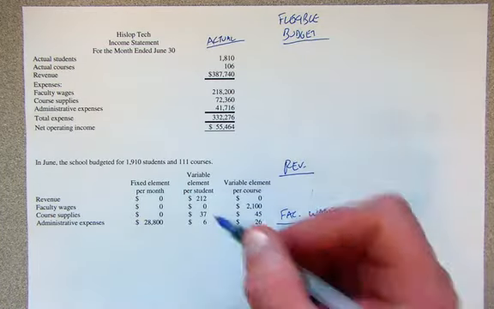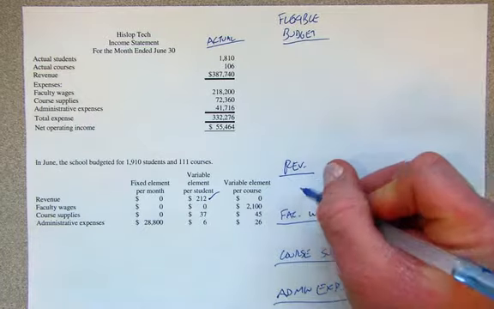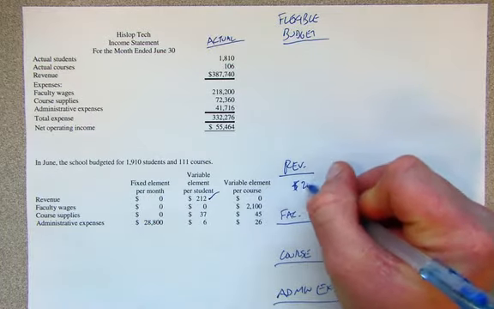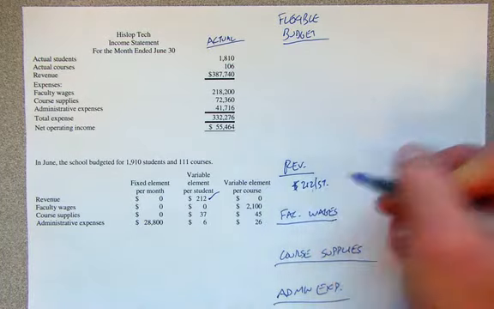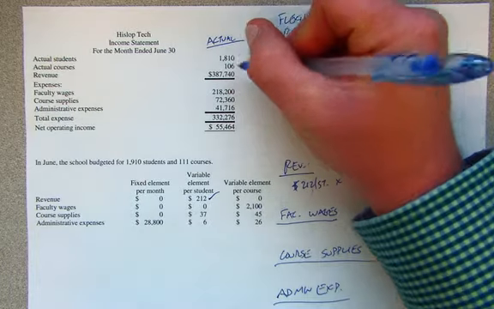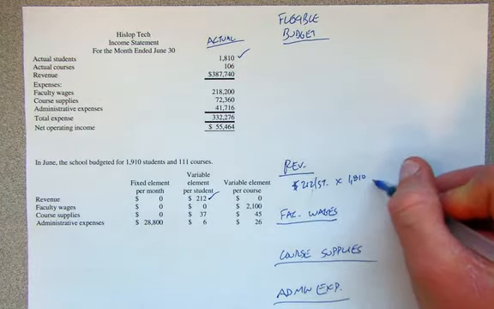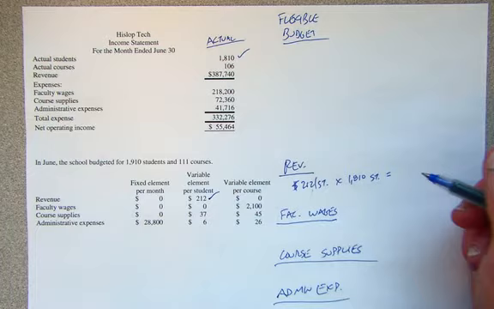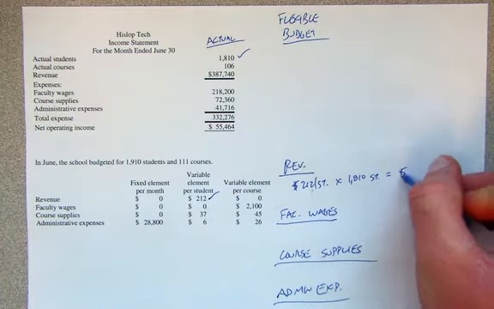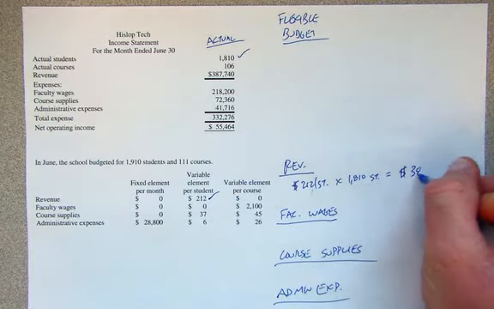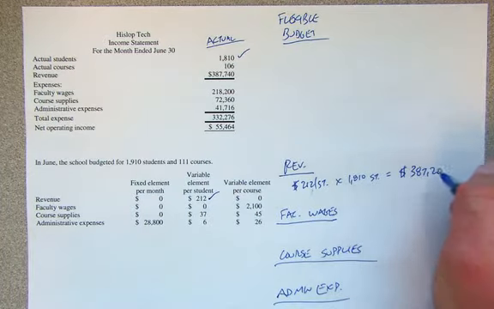Well, we know that we plan to charge $212 per student. So $212 per student times how many actual students? 1,810 students. And let's extend that. That's 383,720.